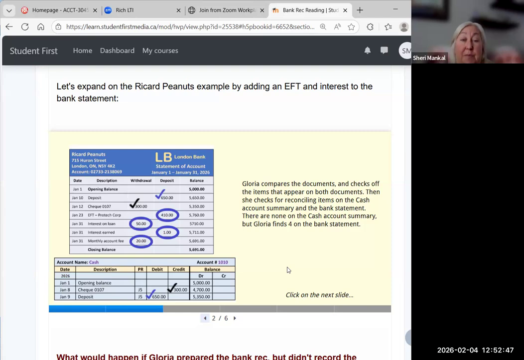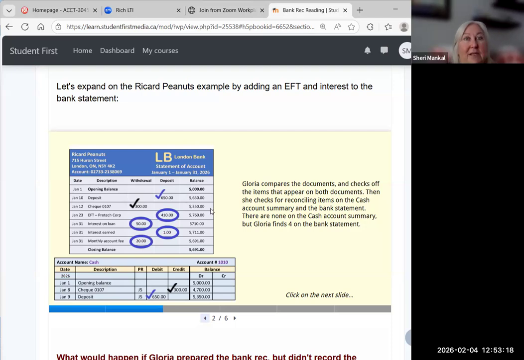Sometimes the opening balance will be the same for both accounts, especially in these practice exercises at the beginning. But in real life, that's not always the case. The reason for that is if we are recording journal entries at the end of the month, say we record things that happened on January 31st, we have them in our ledger down here, but the bank might not have had time to post them into their system yet, right?